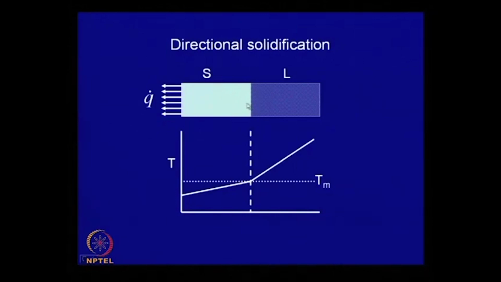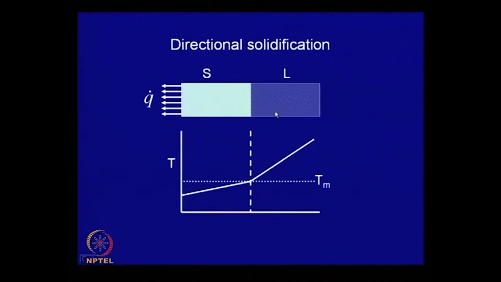If this kind of temperature gradient is maintained, then, as we have seen, the solid-liquid surface has a definite surface energy and it will always try to remain in the minimum state of energy. Therefore, it is going to be straight. So, it is a stable interface, a planar front which will move in this direction, and because the heat is being extracted directionally, the crystal will grow in this direction.